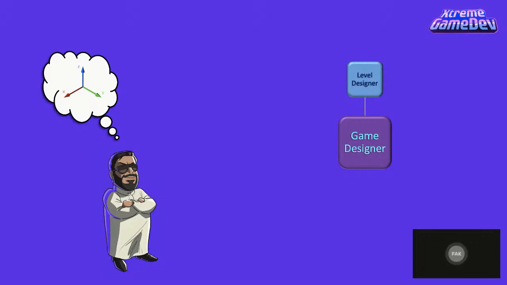Level designers usually design the levels of the game in terms of environment and blocking out the player progression. Is it linear? Is it open world? The level designer basically designs the player progression of the game.